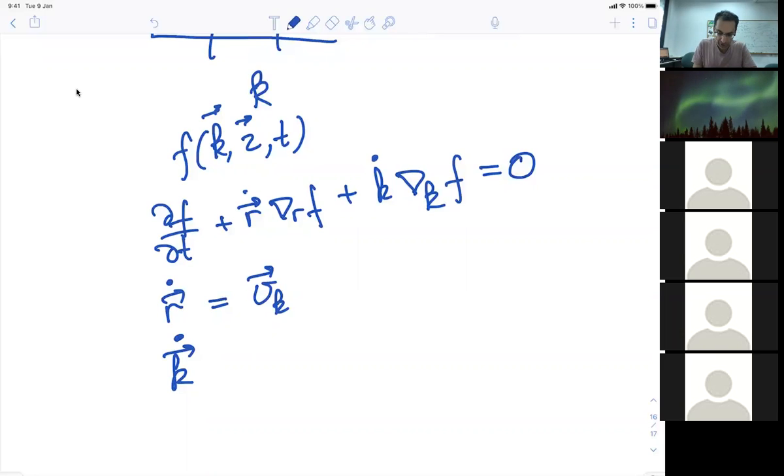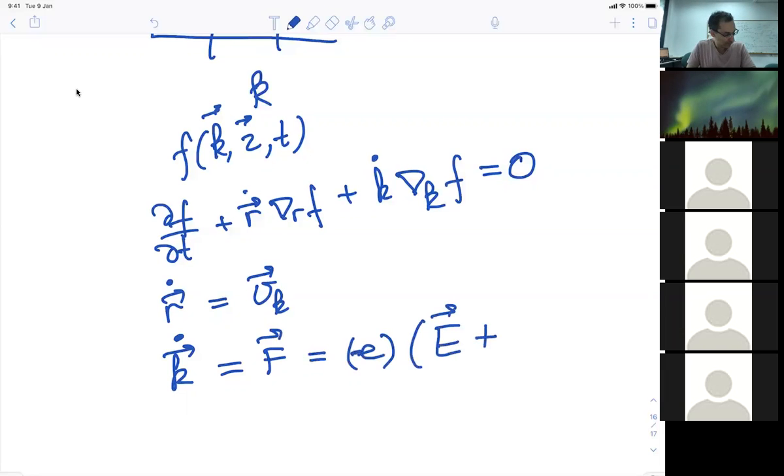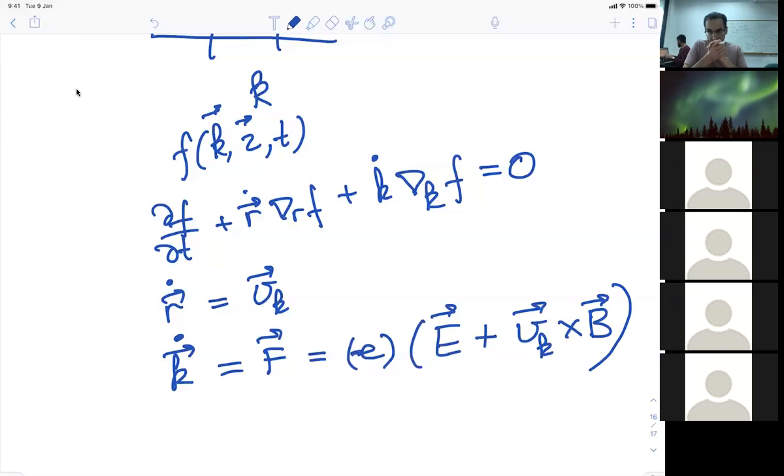Momentum of the particle is related to the force acting on it. So this has to be a force that acts on the particle by the second law of mechanics, and this is equal to minus E times electric field plus V K cross B. So this is a semi-classic equation of motion.